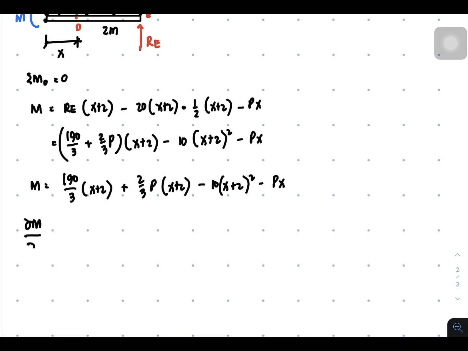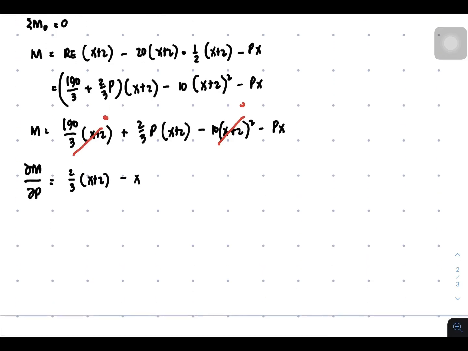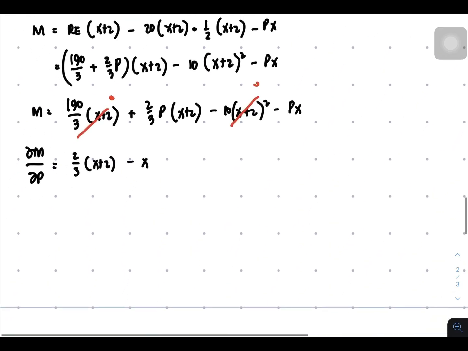And then get the partial derivative. So we're going to set this to 0 temporarily, all the terms without p. And with p, it's going to be 2 over 3 x plus 2 minus x. So from here, we can now get the product of m times the partial derivative of m with respect to p.